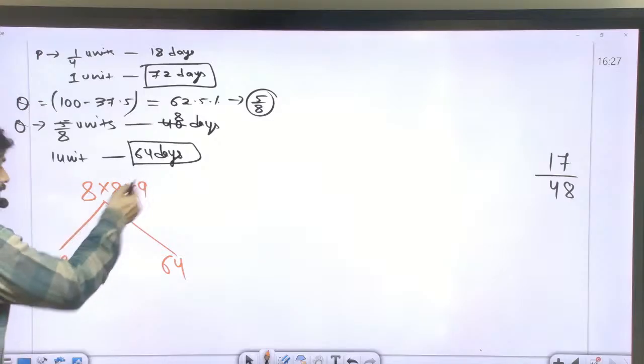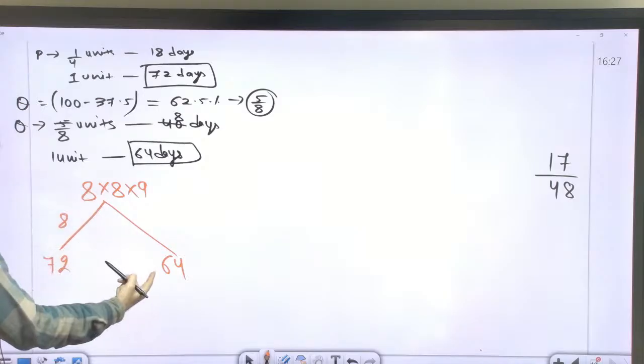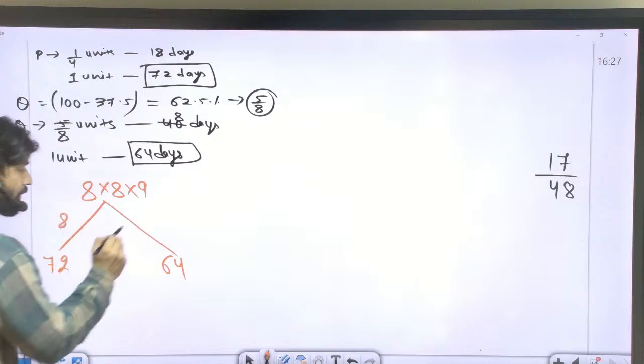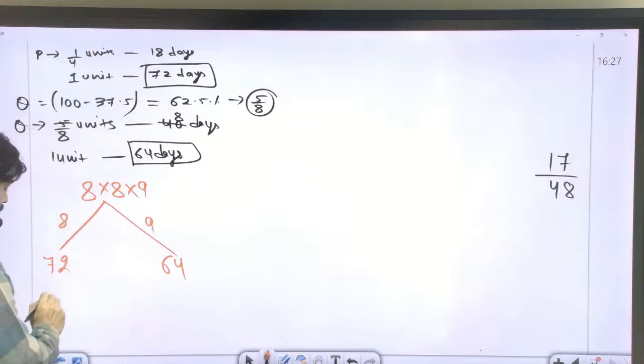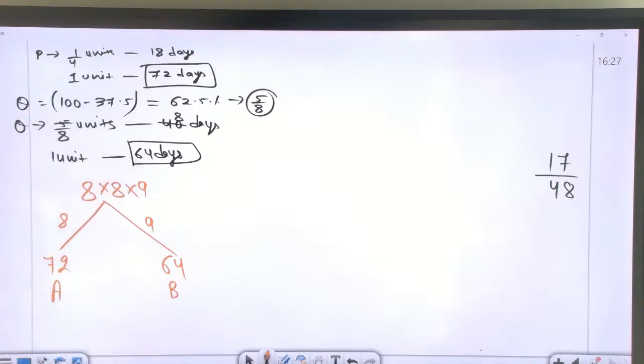We have to divide this number by 72. So this 9 into 8, 72 will be cancelled out. What is remaining? So the efficiency is 8. Any problem? Divide this number by 64. This will be cancelled out, and what is remaining? 9. So the efficiency of A is 8 units and efficiency of B is 9 units.